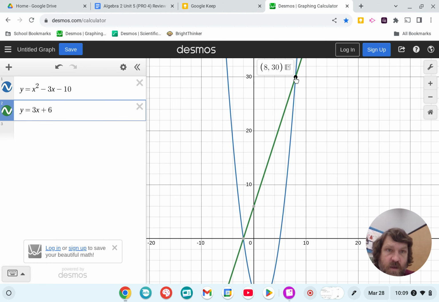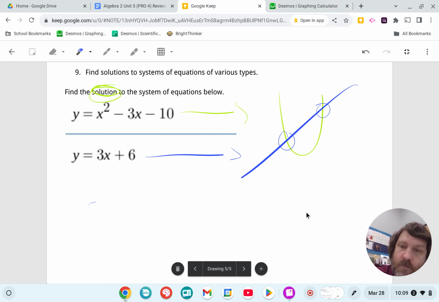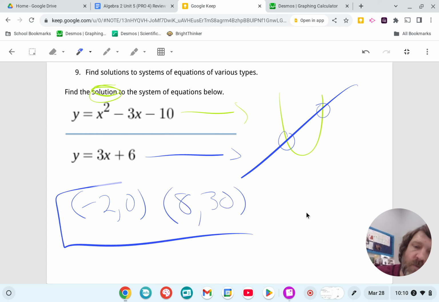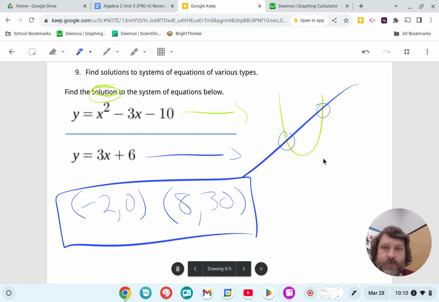There's one right here as well. So we have two places on the graph where the lines intersect. They intersect at negative 2, 0 and 8, 30. Negative 2, 0 and 8, 30. And those would be my solutions right there.